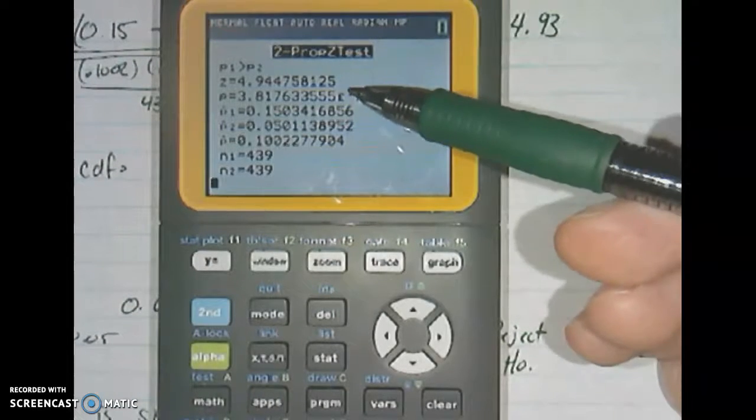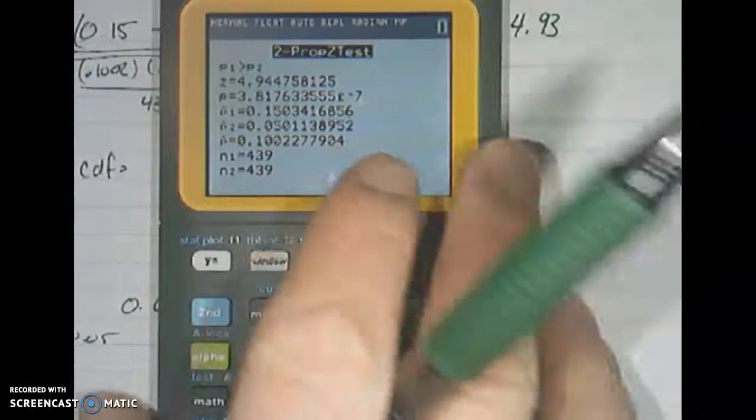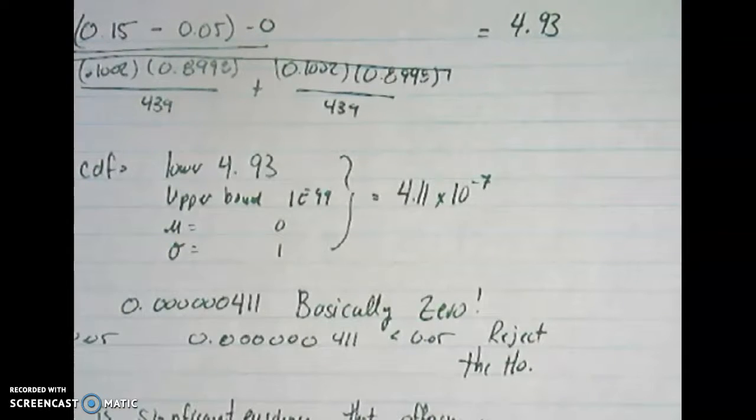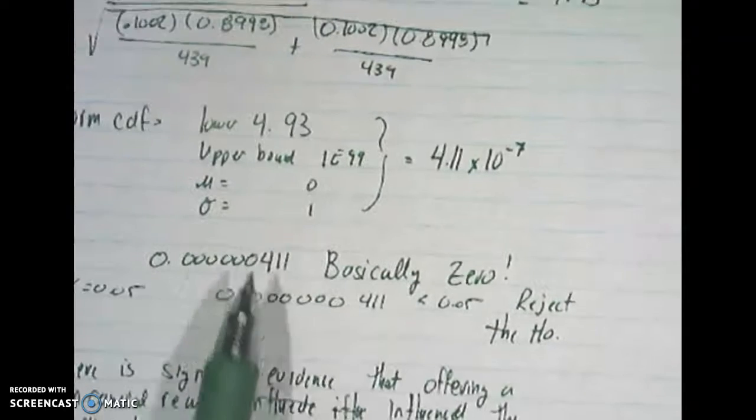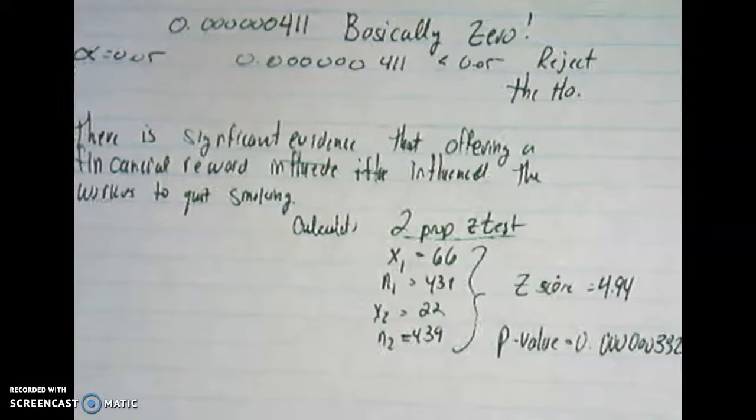So our p-value is going to be a little bit different. So make sure that you write that you did, I did my calc. I used my 2-prop z-test. Here's the data I put in. I got a z-score of 4.94, which is close to ours of 4.93. And then everything else is pretty close to that, okay? And then, of course, we would still reject the null hypothesis, okay?